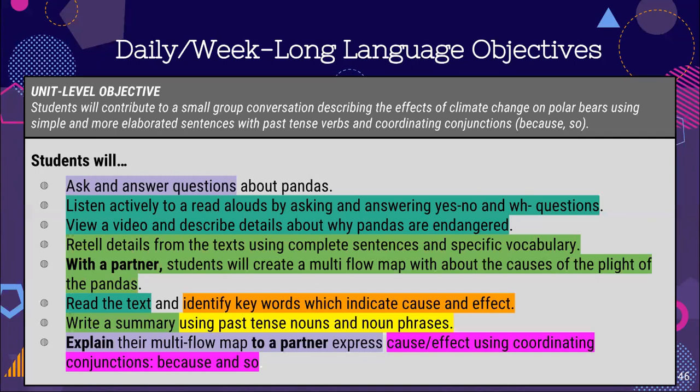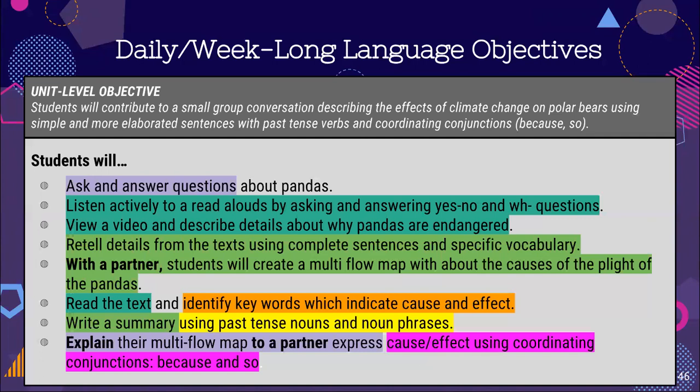So that one was a recurring one. Listen actively to read alouds by asking and answering yes, no, and WH questions. And they viewed a video, described details about why pandas are endangered, retelling details from text using complete sentences and specific vocabulary, and then mixing it up so that they're working with partners.